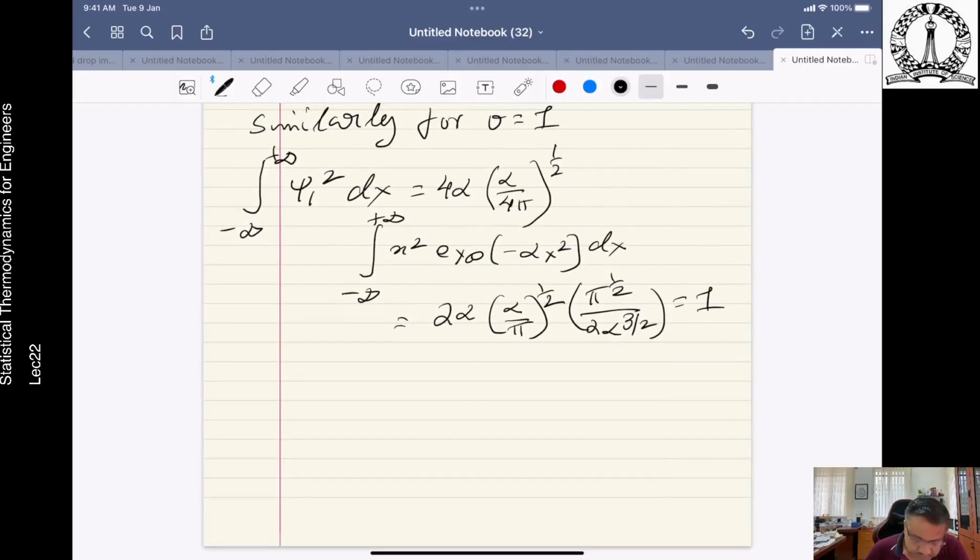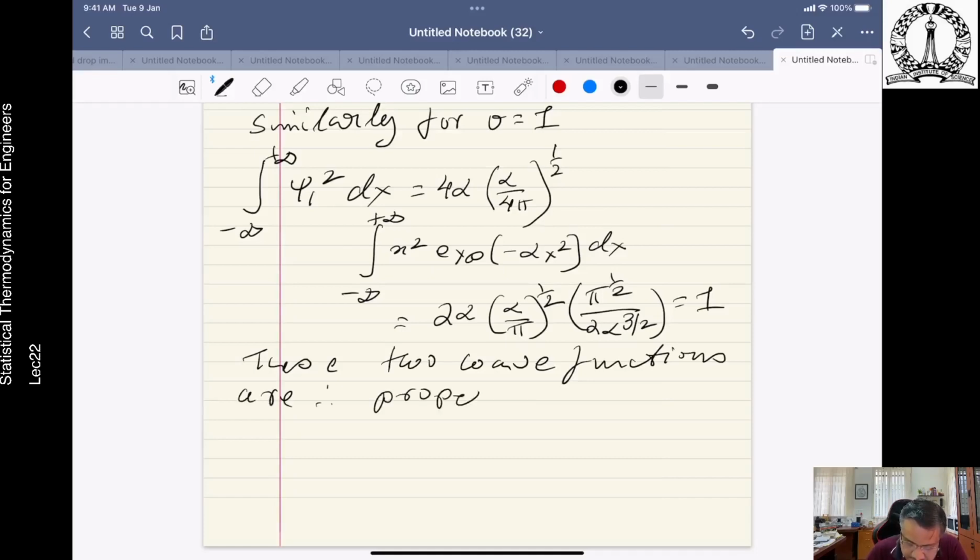So these two wave functions are therefore properly normalized. That's good.